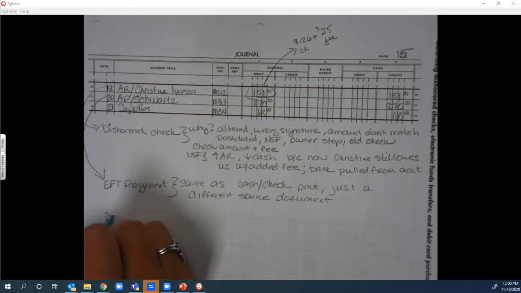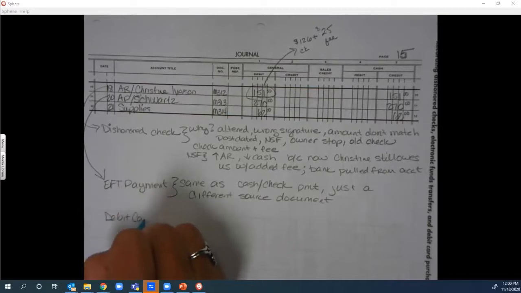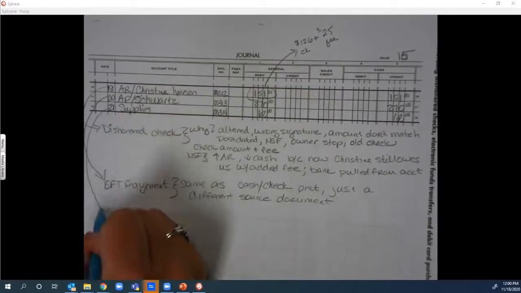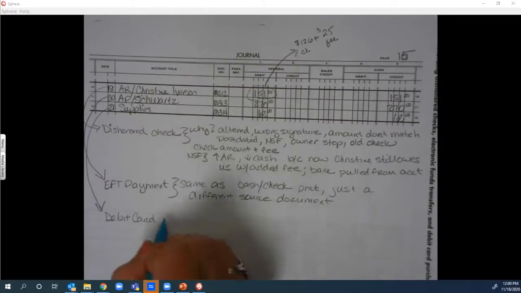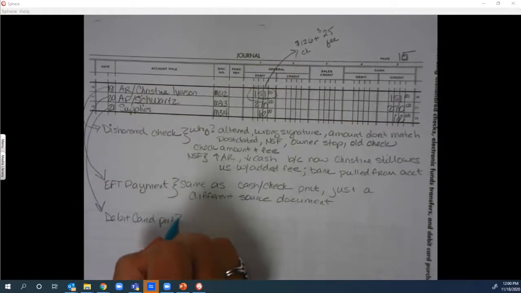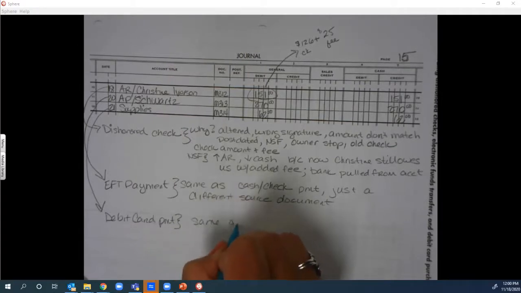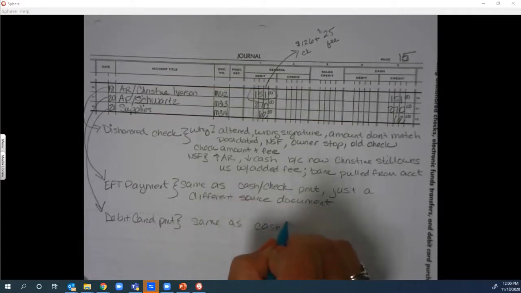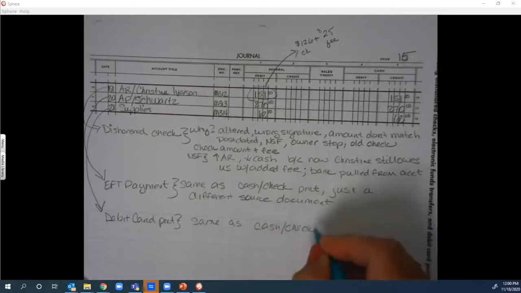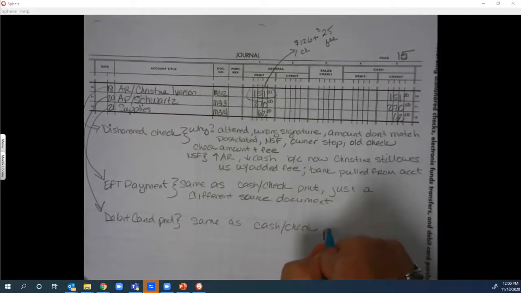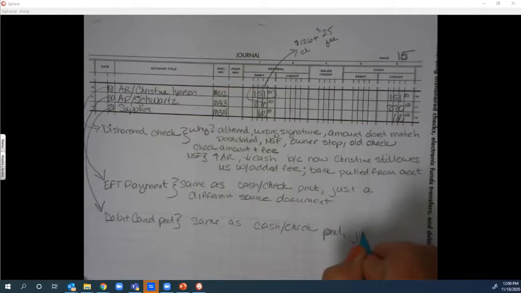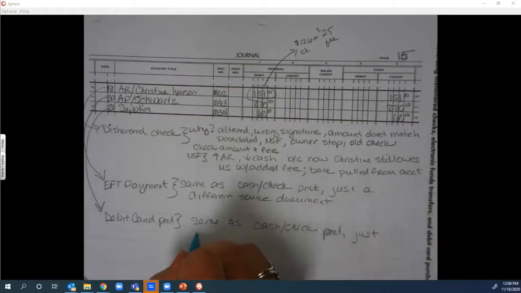Okay, and then the third one was a debit card payment. And again, same as cash or check. Just a different source document.